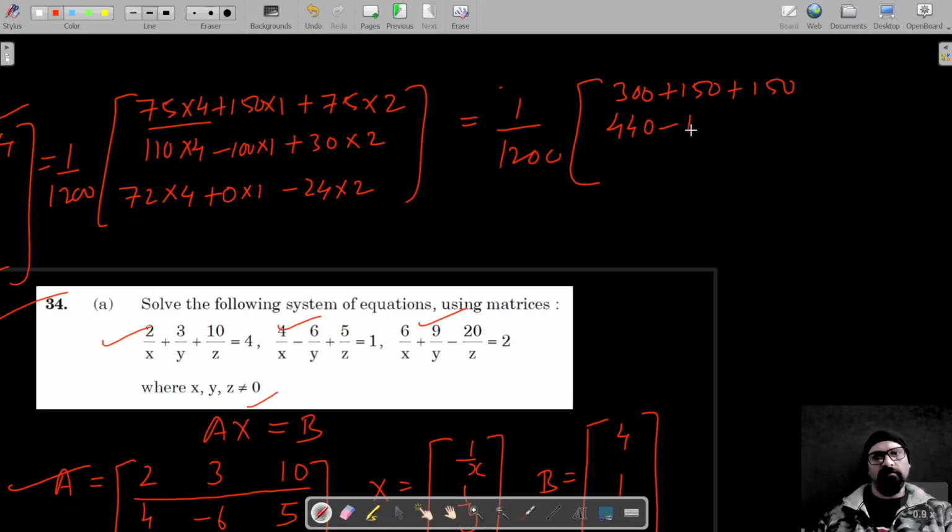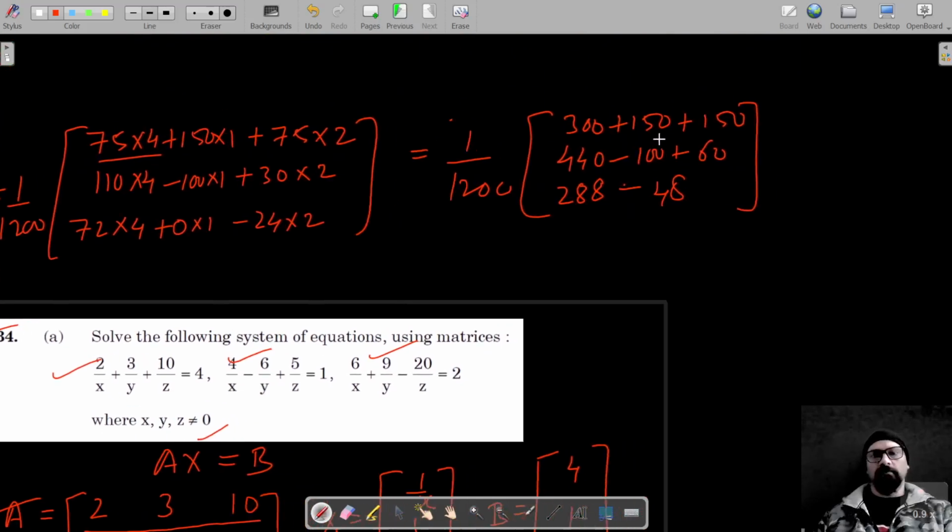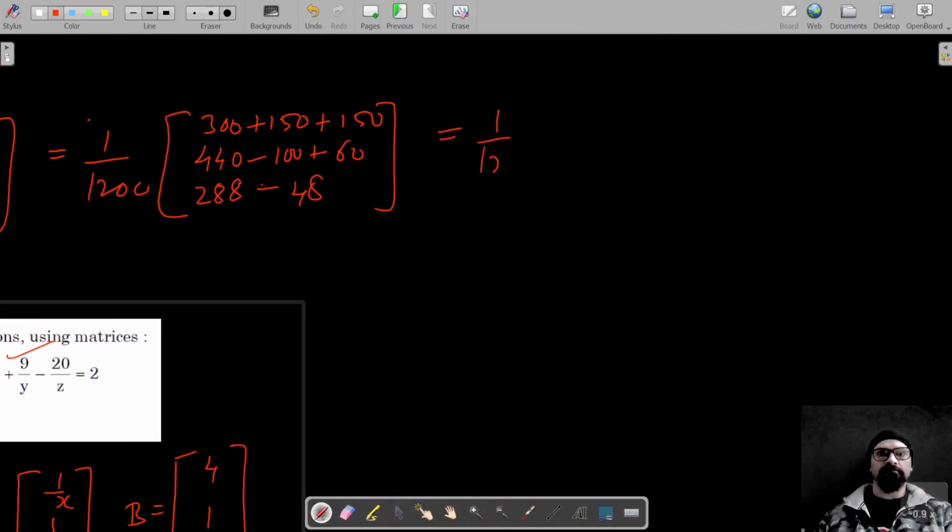This is 440 minus 100 plus 60. 72 into 4 is 288, plus minus 2 into 24 is 48. So, okay, first element is 300 plus 300 is 600. 440 plus 60 is 500 minus 100 is 400, and 288 minus 48 is 240.